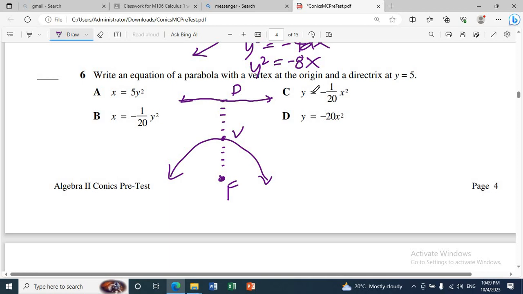So what is my 4A? If this is 5 units, this should be 10 units and this should be 10 units. So it should be 20 units all in all. So my 4A is equal to 20. It's opening down. So this is x squared. Opening down, we have 20 and then followed by y.